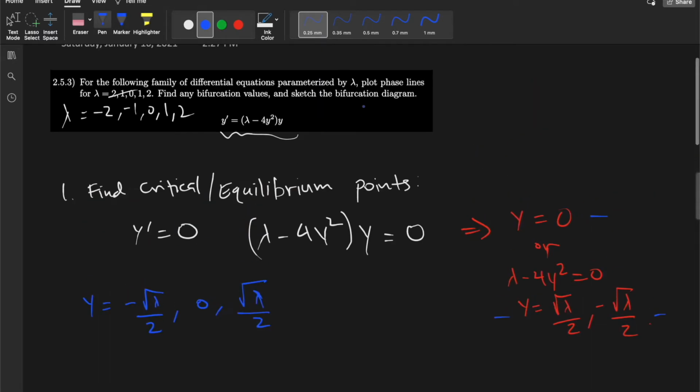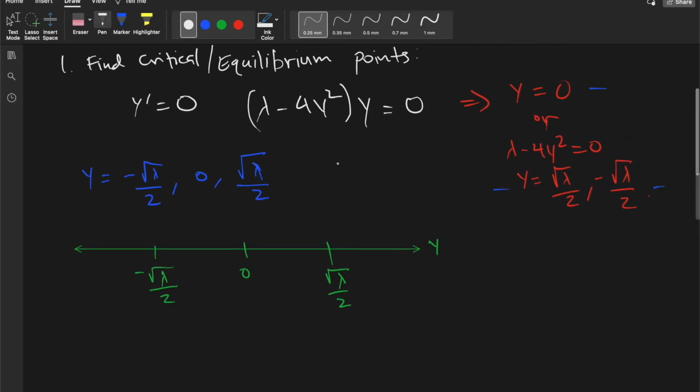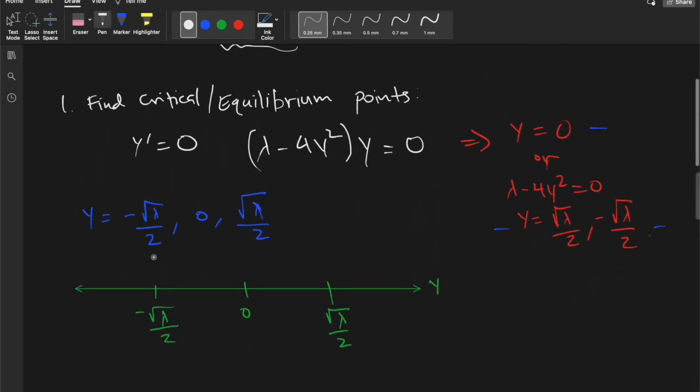Now we want to plot the phase lines for this equation. What that means is if we think about a number line of y, we put 0 in the middle, negative root lambda over 2, and then root lambda over 2. We know that these are the critical points for y.